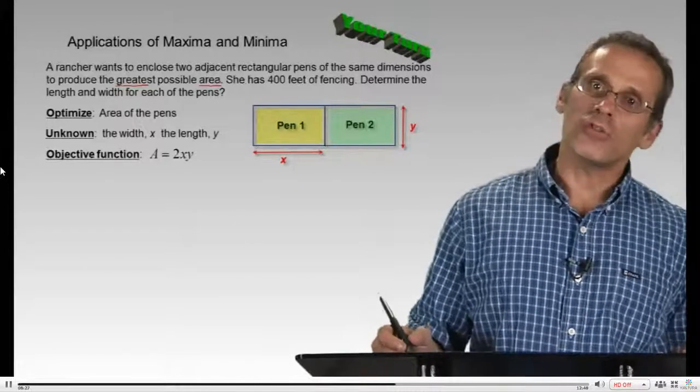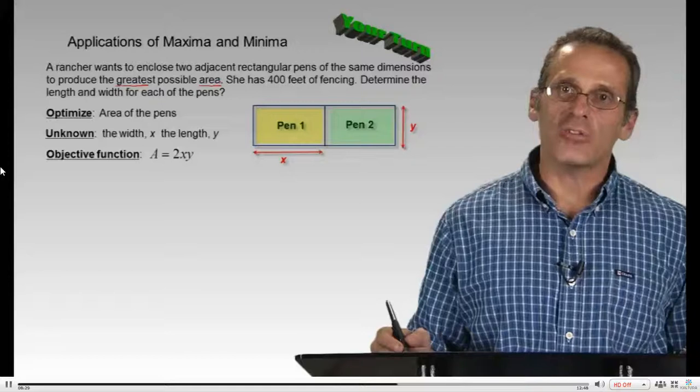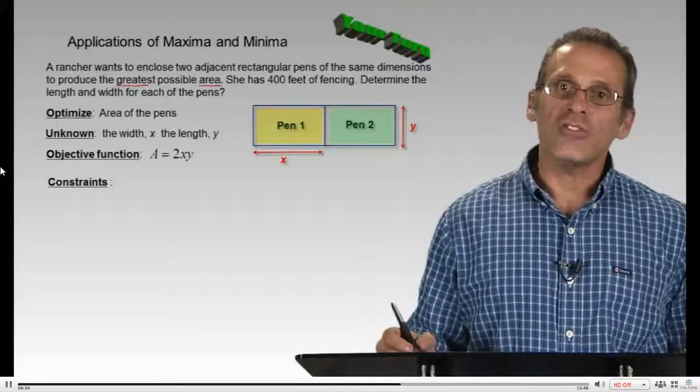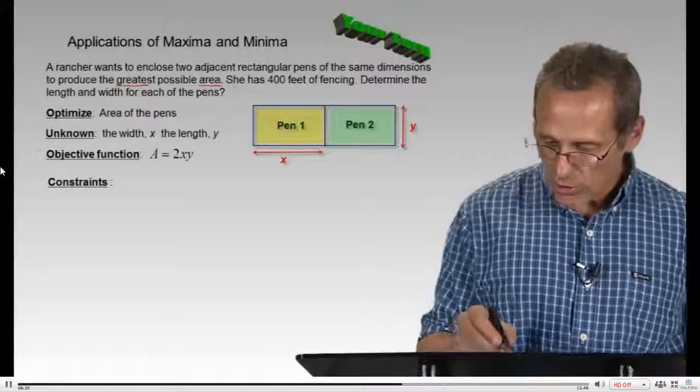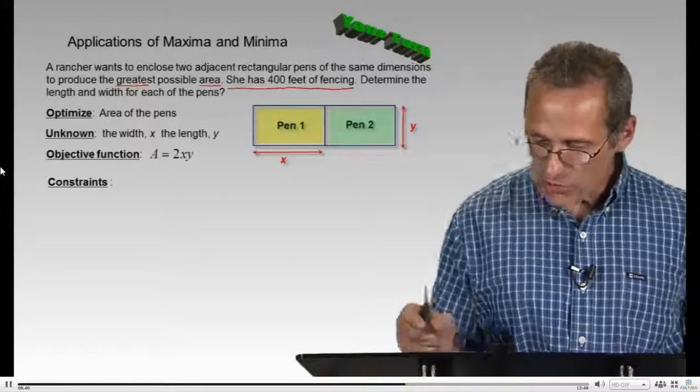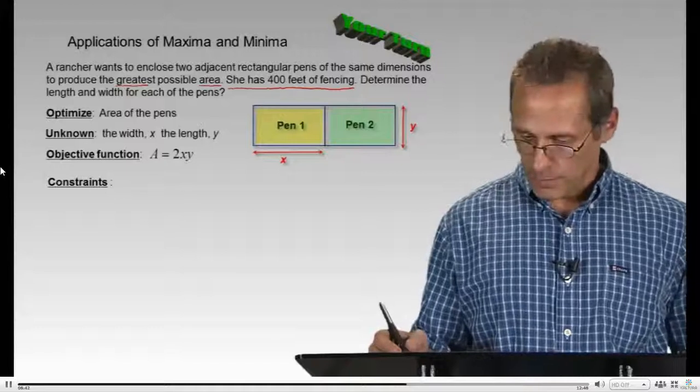But this function is in terms of two variables, and we would like to write it in terms of one independent variable. So we glance through the constraints, which are garnered from this sentence that reads, she has 400 feet of fencing.